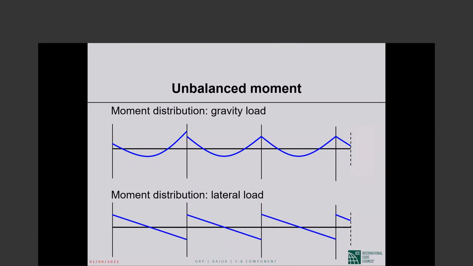When you combine, you will have very significant unbalanced moment transfer at every support section, because the unbalanced moment due to the lateral loads is the sum of the moment to one side of the support and the moment on the other side of the support.